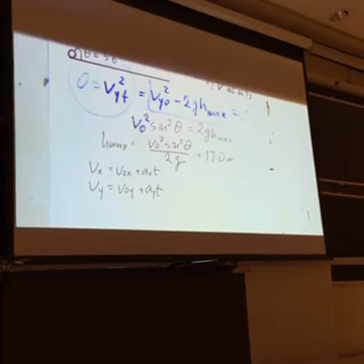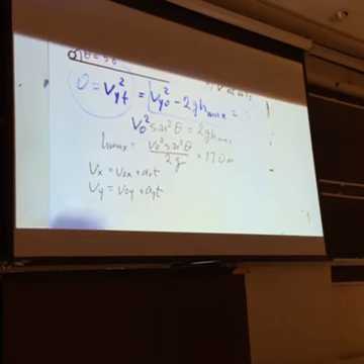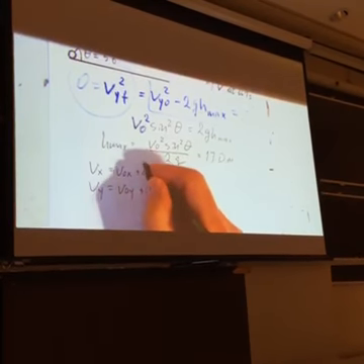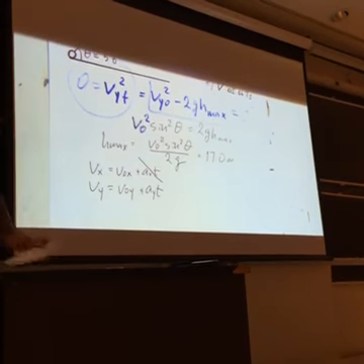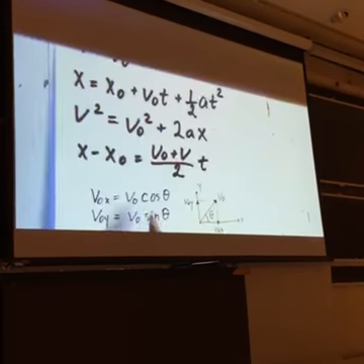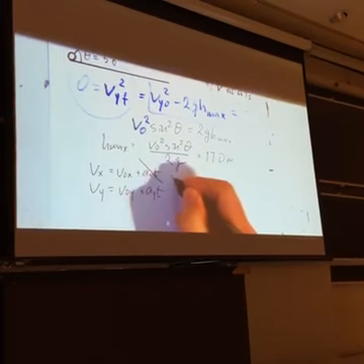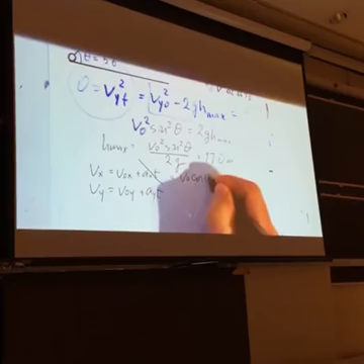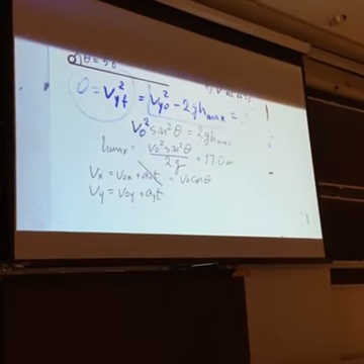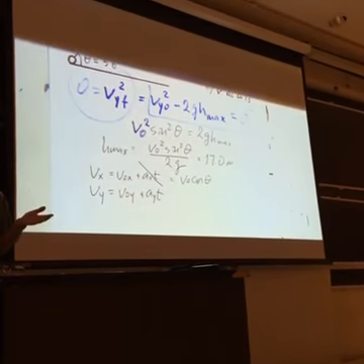So I'm writing this formula for x and y directions, and then start thinking what can I do? I know that for a projectile there is no acceleration along the x-axis, so this goes away, then v0x is v0 cosine theta. So this equals v0 cosine theta. It is constant, it doesn't depend on time, by the way.